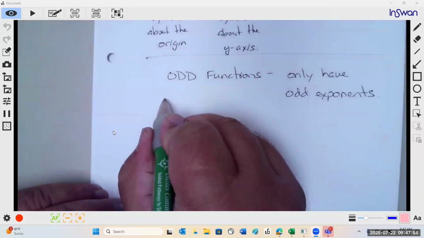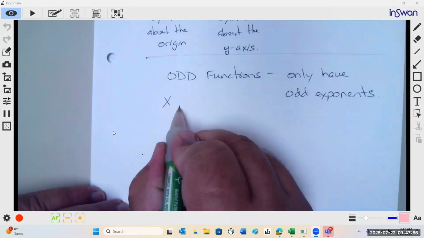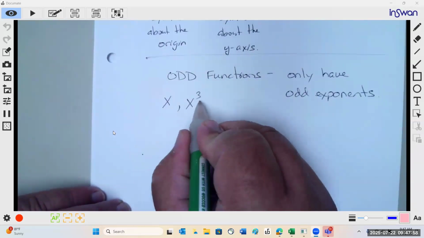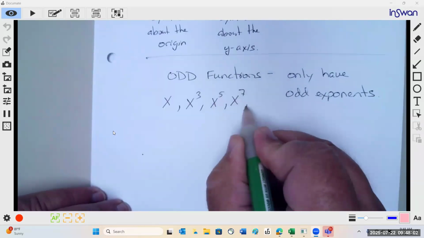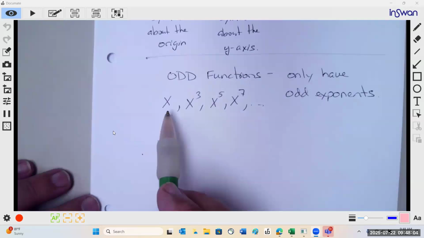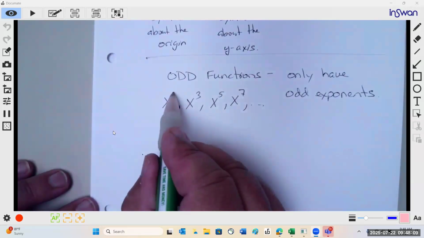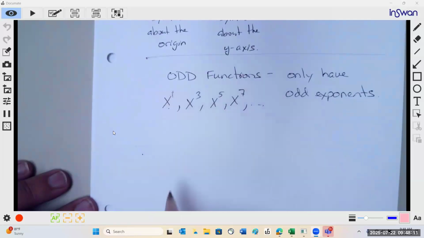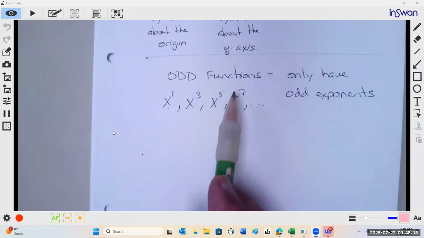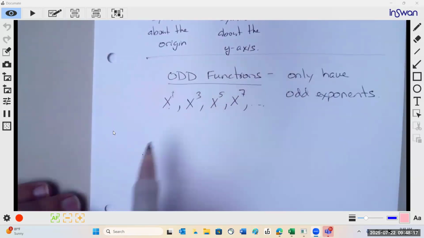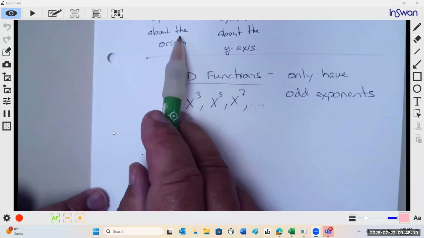In other words, if the equation looks like this, and so forth. x by itself, what is its power? One. It's an implied one up there. So if the equation only has x's with odd powers, it's an odd function, which means it's symmetric about the origin.